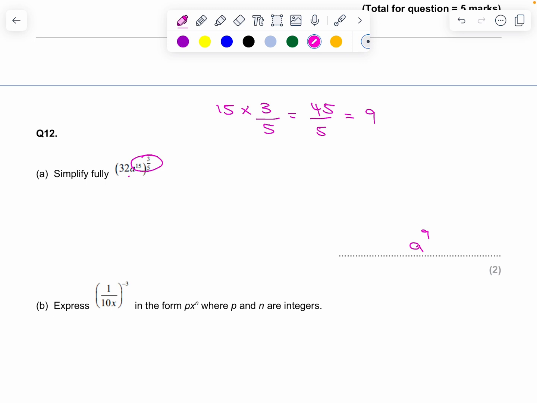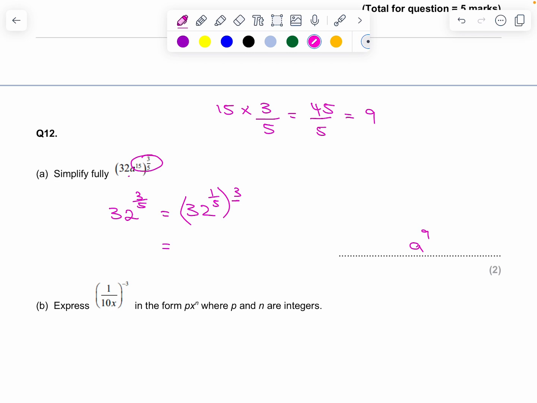But don't forget, like last time, I've also got to do the 32 to the power of 3/5 as well. The way we're going to do that is we are going to split it as we did in class: 32 to the power of 1/5, and then the 3 outside the brackets. So remember, we split the 3/5 up, 1/5 here, 3 here.